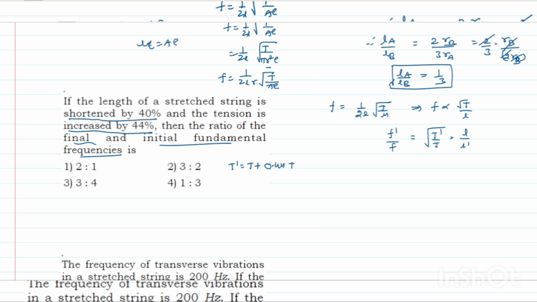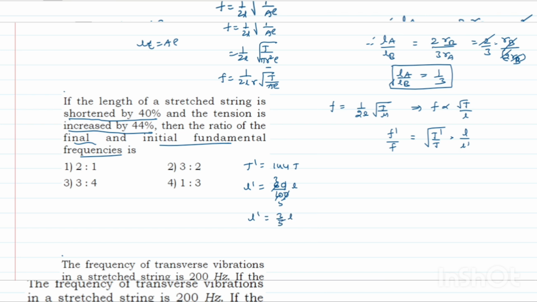Or else, directly take the initial tension as 100, then it becomes 144, so T dash equals 144 times of T1. And the length is shortened by 40%. Length decreasing by 40% means the remaining L dash will be 60% of L, 60 by 100 of the L, and 2 3s are 6, 2 5s are 10, so L dash will be equal to 3 by 5 of L.